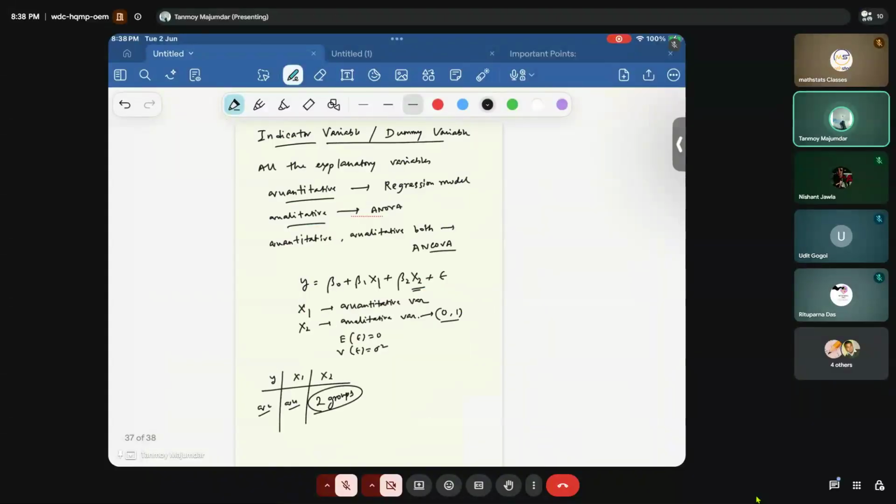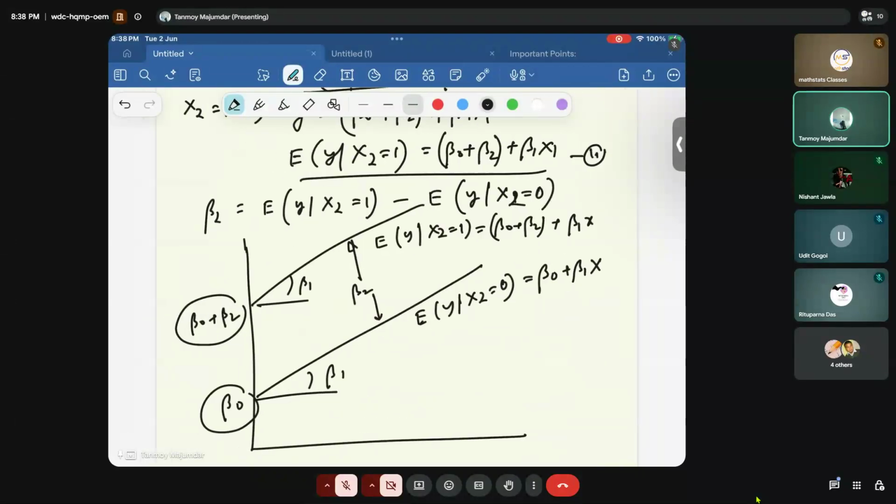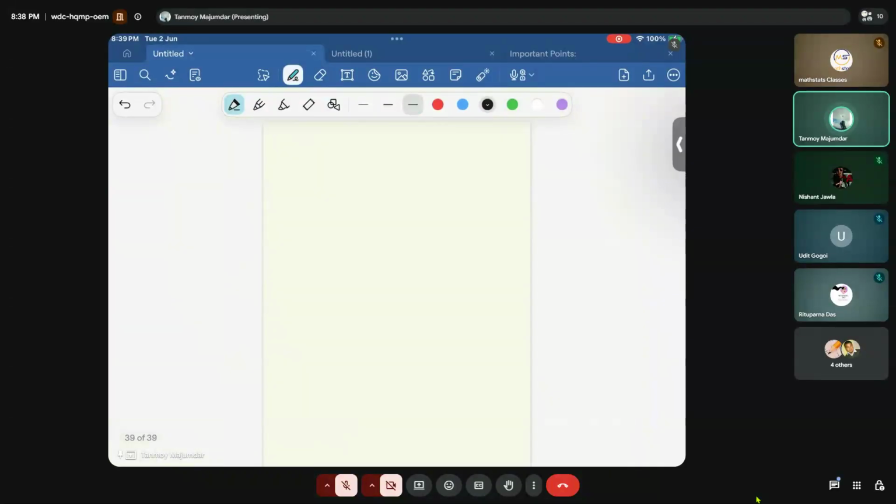One is for x2 equals 0, another is for x2 equals 1. So here we are representing these two different models, two different straight lines or regression lines. Okay, so this is how we actually use the indicator variable.